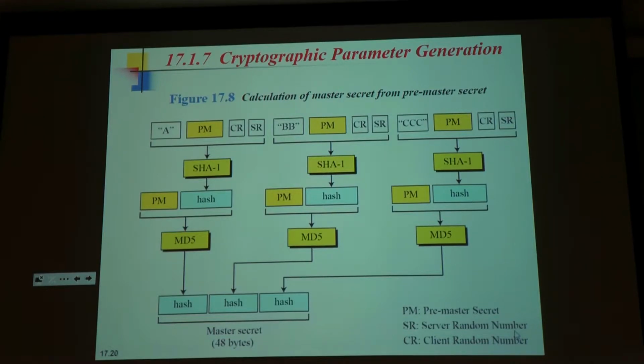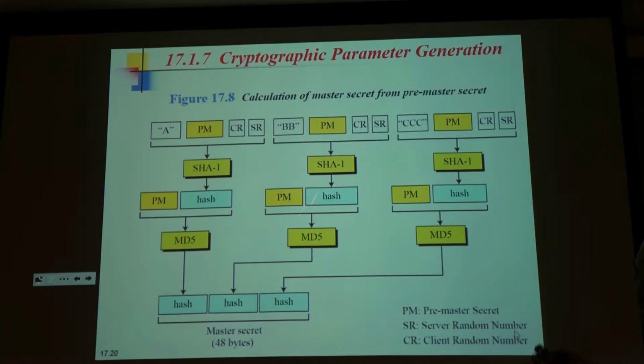The client and the server start by exchanging two random numbers. Here you have, for example, PM, the pre-master secret, CR, the client random number, and SR, the server random number. You create a hash with SHA-1, then add the pre-master secret and do another hash with MD5, and you create the first hash.